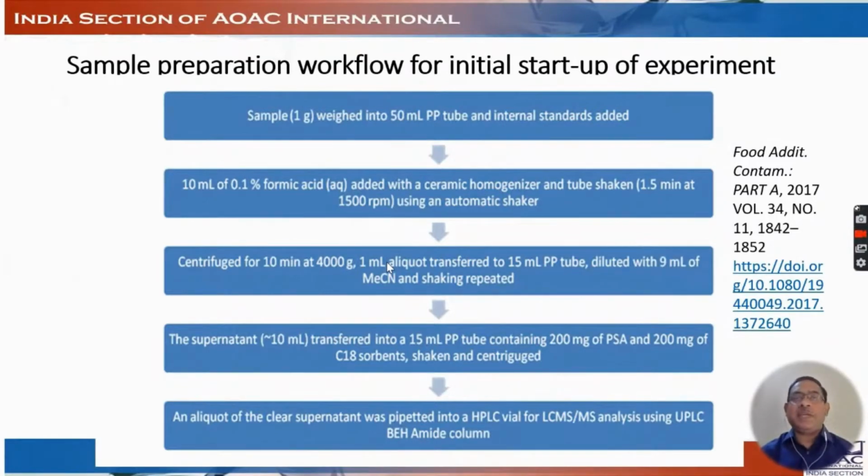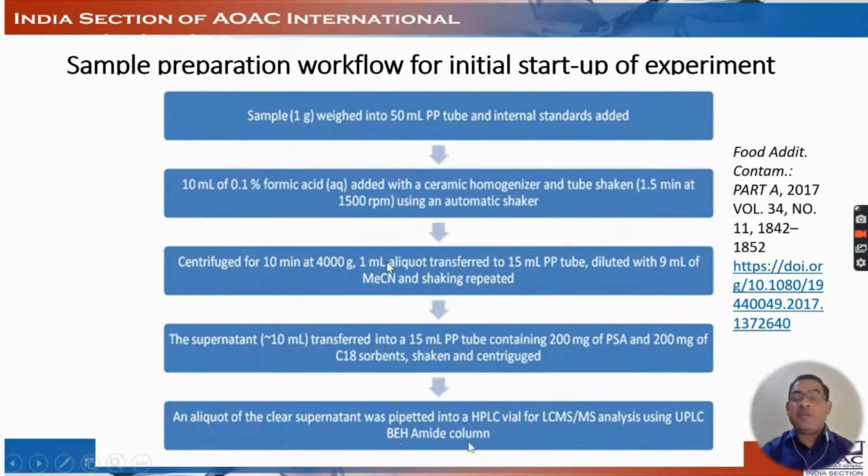So you have to basically take the extract, put it into some tubes and add the weighed quantity of the dispersive solid phase extraction sorbents. After vortexing and centrifugation, the aliquot appears to be quite clear. This clear supernatant is drawn and injected into LC-MS/MS for analysis.